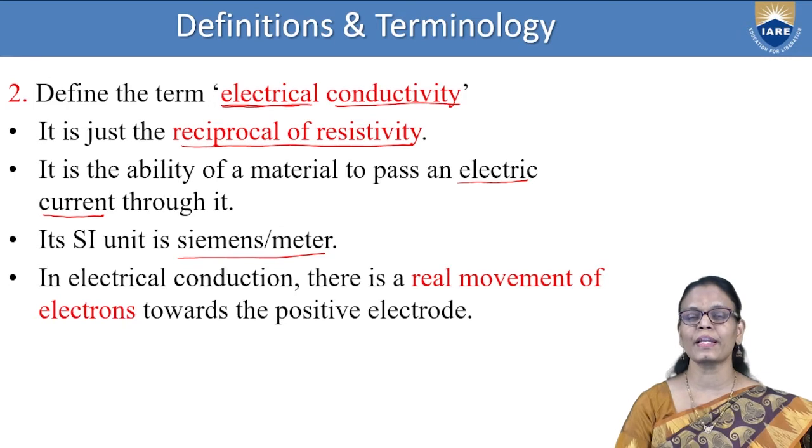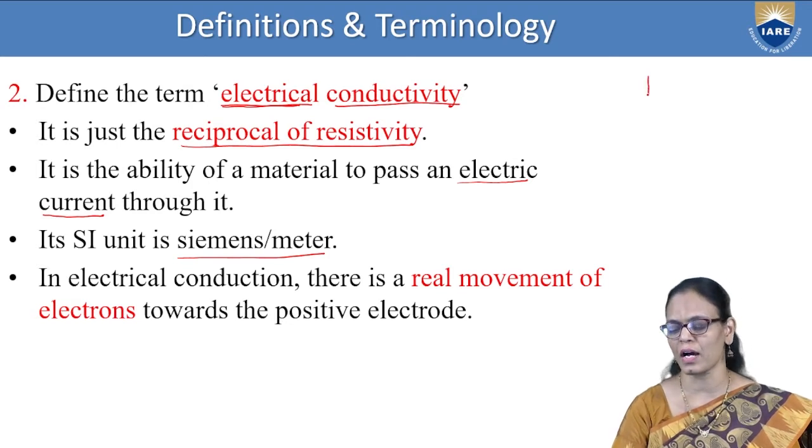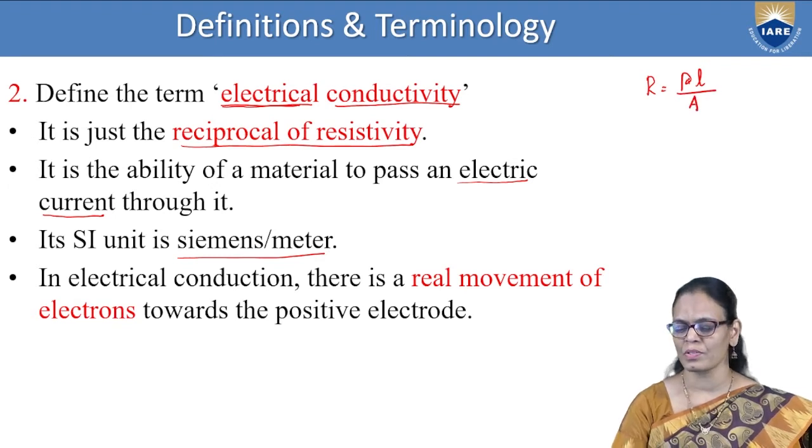Resistance is the resistance offered to the flow of electrons in a circuit. Whenever we write R, R is equal to rho L upon A. Here rho is the resistivity.